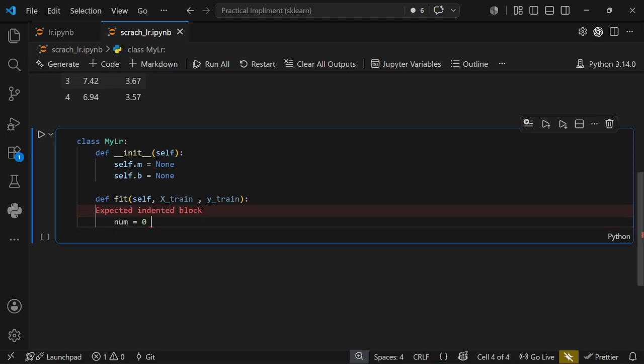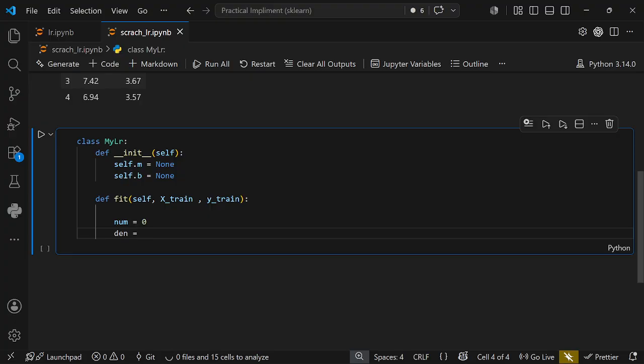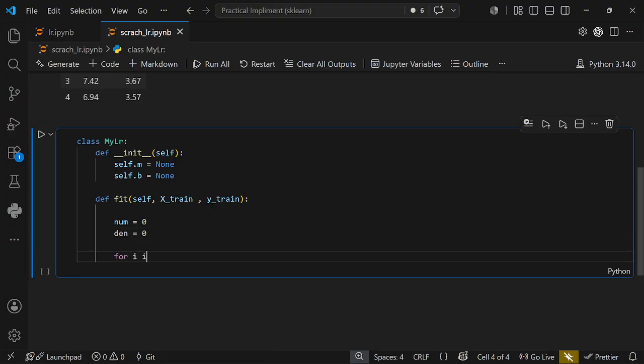Numerator is equal to 0, then denominator is equal to 0, and for i in range x train dot shape 0, the number of rows. Here we are iterating one for loop over the number of rows of x train.